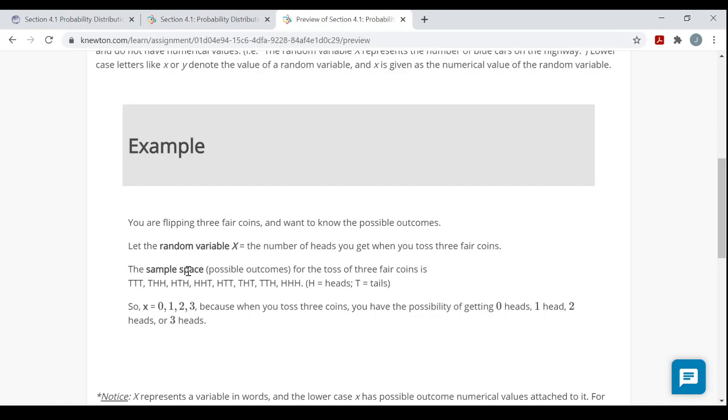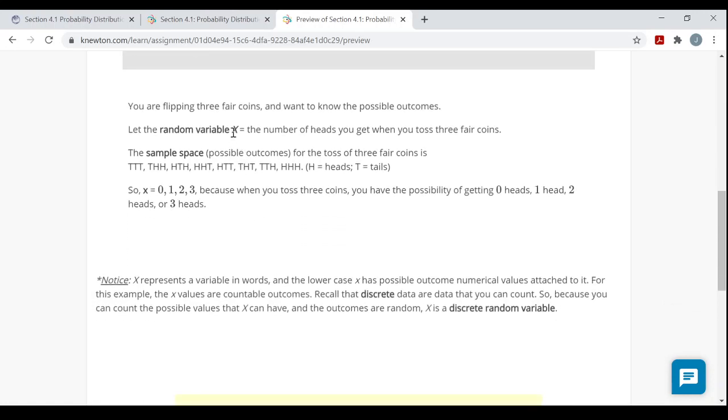Now the sample space, remember, sample space is the list of all possible outcomes. You have 3 tails up to 3 heads. There are 8 possible outcomes. But for this particular random variable, see how capital X was the number of heads you could get? Well, you can get 0 heads, just 1 head in the 3 flips, exactly 2 heads in the 3 flips, or all 3.